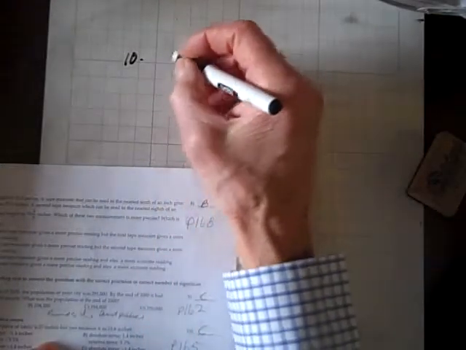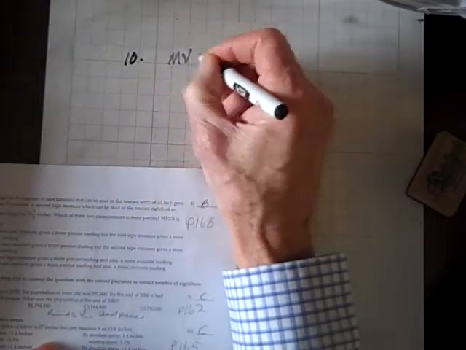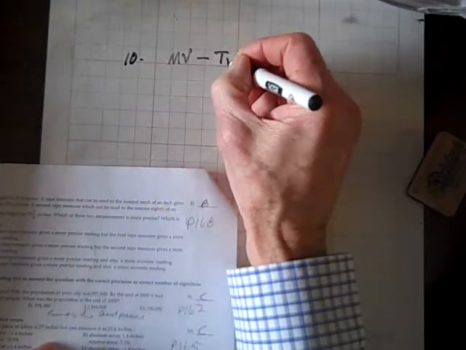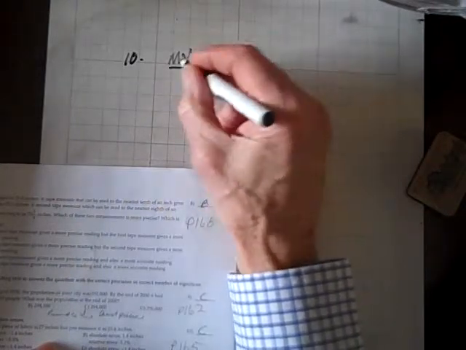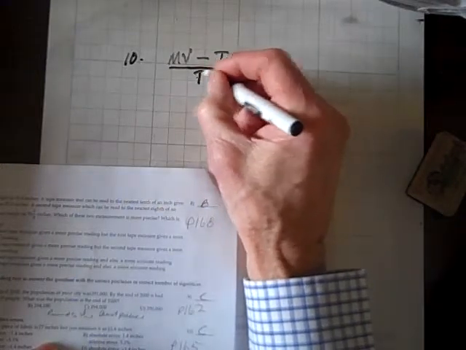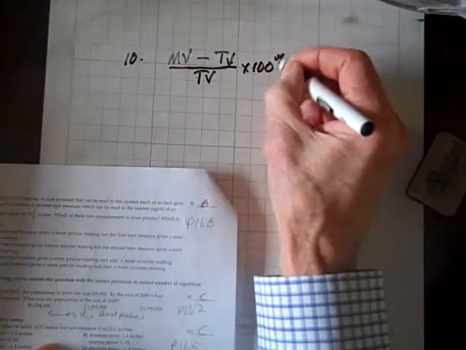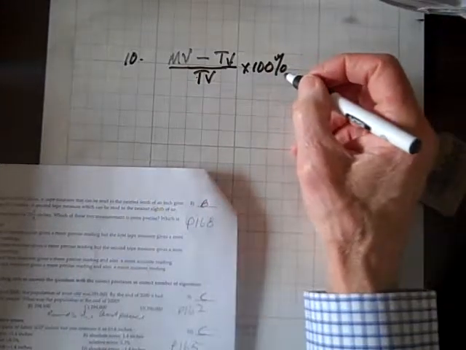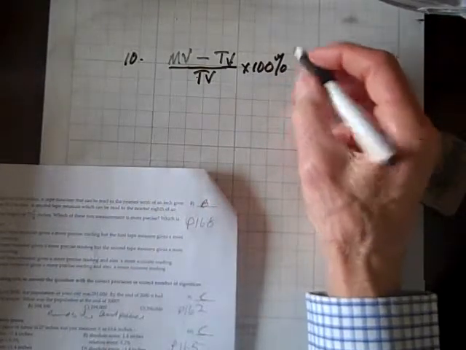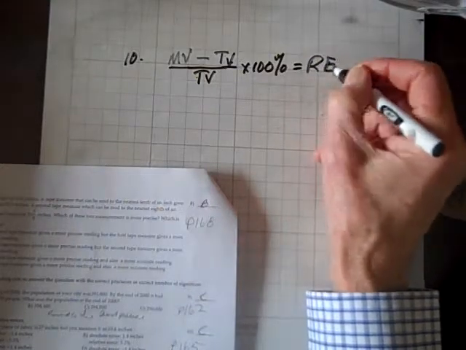So we're going to take the measured value minus the true value. And by the way, the difference of those two is the absolute error. And if you divide by the true value and times 100%, then you get the relative error.